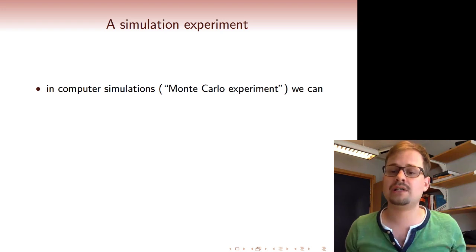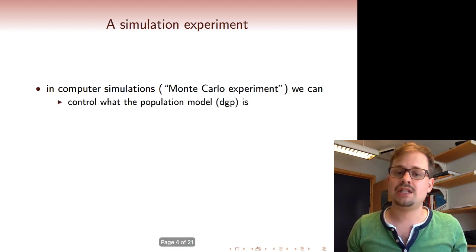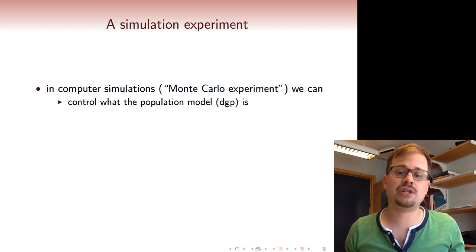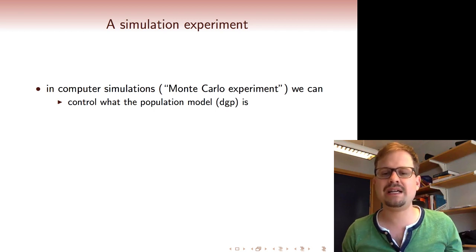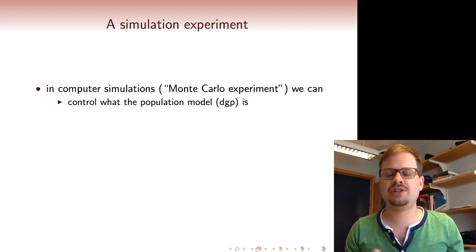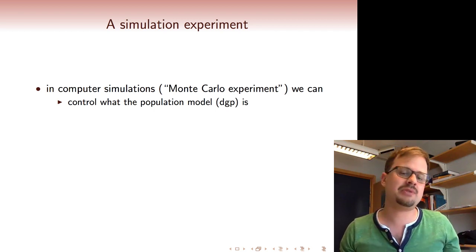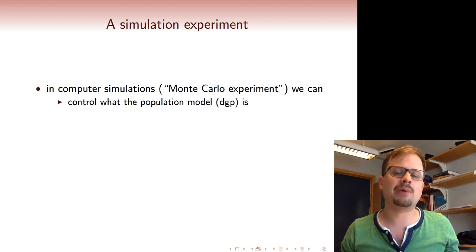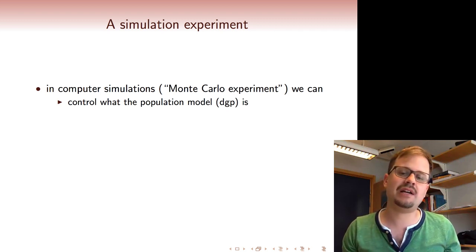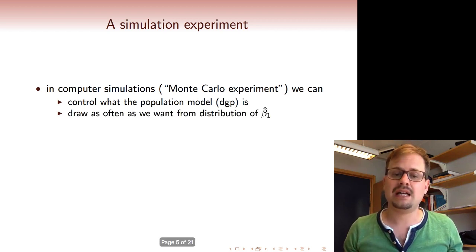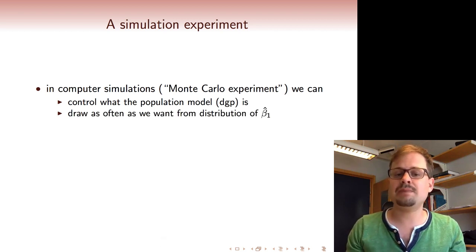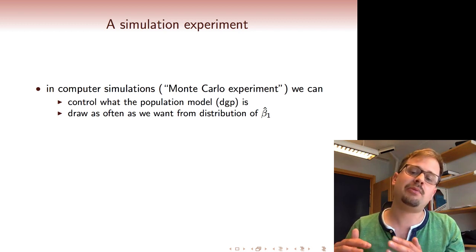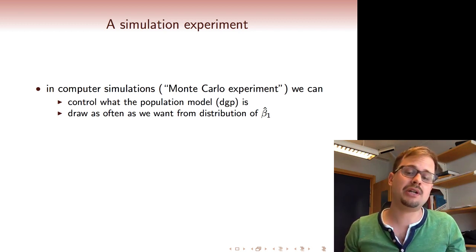And in the Monte Carlo experiment, we can do two things. We can control what the population model or the DGP is, because we use a computer programming language to specify the model. So we have specified it, we know what it is, and we can simulate the process of drawing from this population as many times as we want.